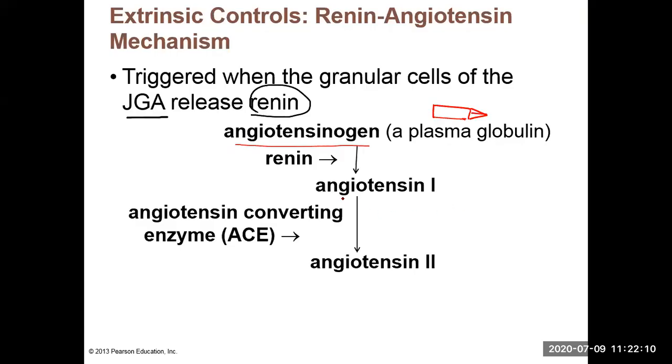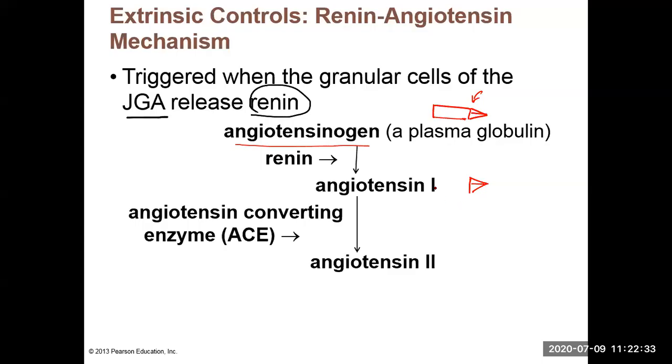Hypothetically, now with the help of renin, you break it down. Now it becomes a different molecule, and we call it angiotensin 1. So you pretty much, let's say, broke this part off into another molecule.